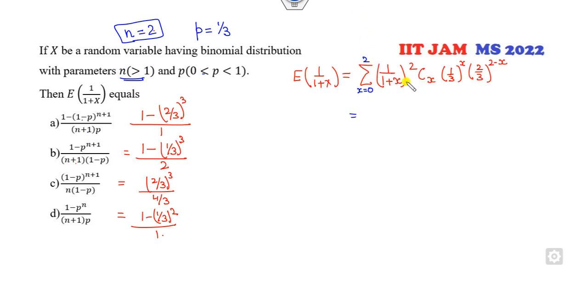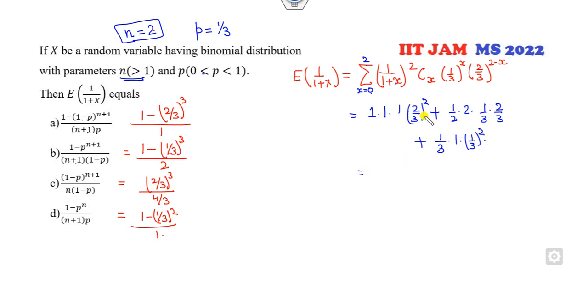When x is 0, 2C0 is 1, and it is 2 over 3 raised to power 2. Plus when x is 1, it is 1 over 2, 2C1 is 2, times 1 over 3 times 2 over 3. Plus when x is 2, it is 1 over 3, 2C2 is 1, times 1 over 3 raised to power 2.